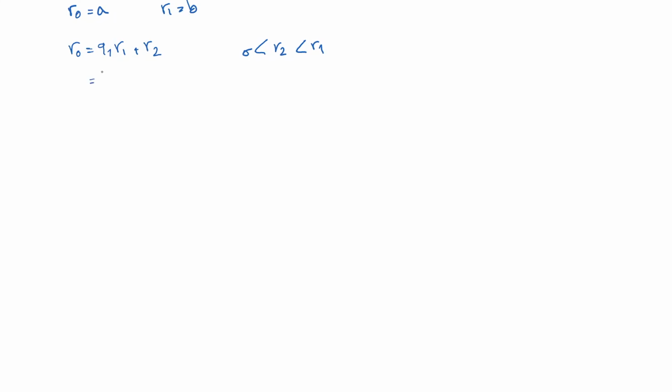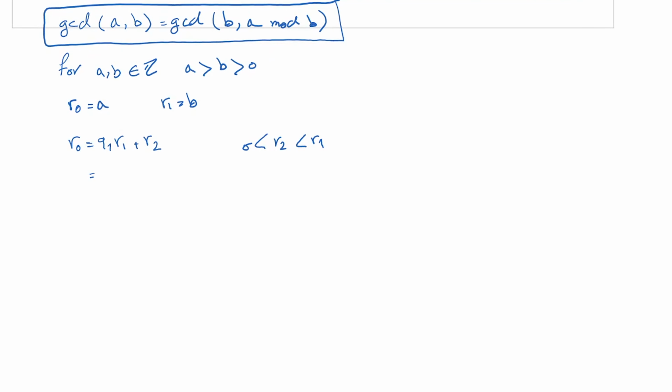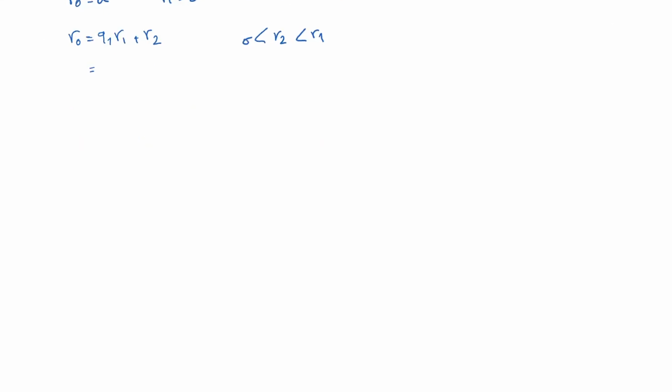Then, using this fact over here on the top, I can now say R1 equals some Q2 times R2 plus some R3, for R3 smaller than R2.